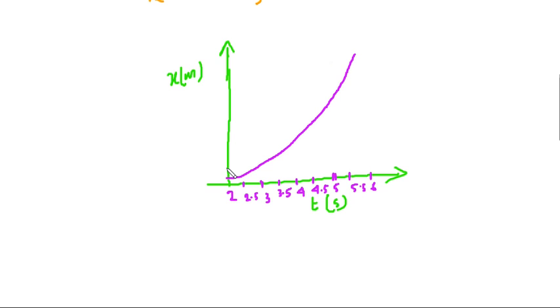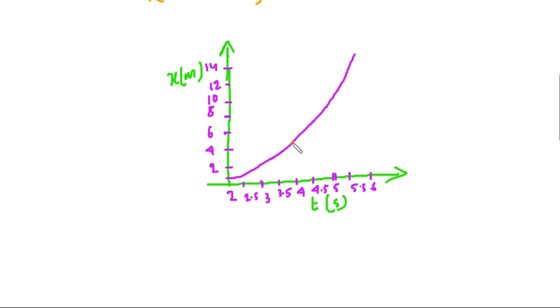Let us say this is 2 meters, then 4 meters, then 6 meters, then 8 meters, then 10, 12, 14, and so on. So let us say we want to find the average velocity about 4 seconds.